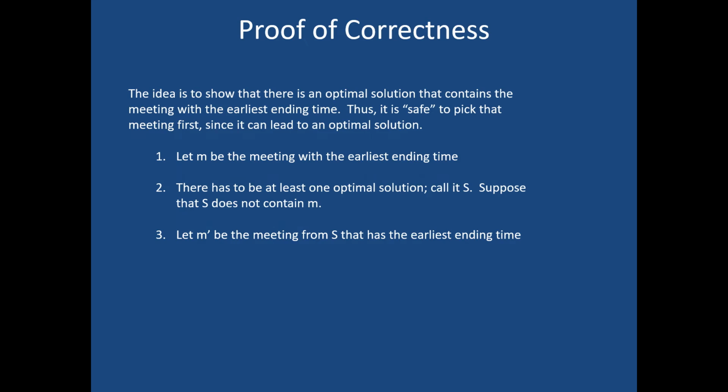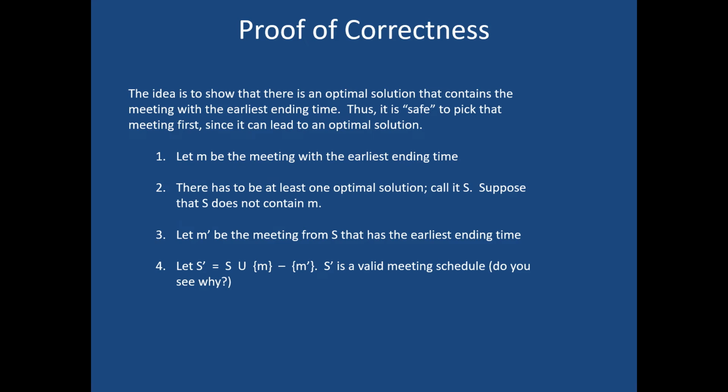Now, one of the meetings in this set S, we'll call it M prime, has to be the one with the earliest ending time in that set. So we'll call that M prime. So I'm going to create a new set. I'm going to take this optimal solution that we found, take out M prime, the one with the earliest ending time, and replace it with M, our greedy choice.